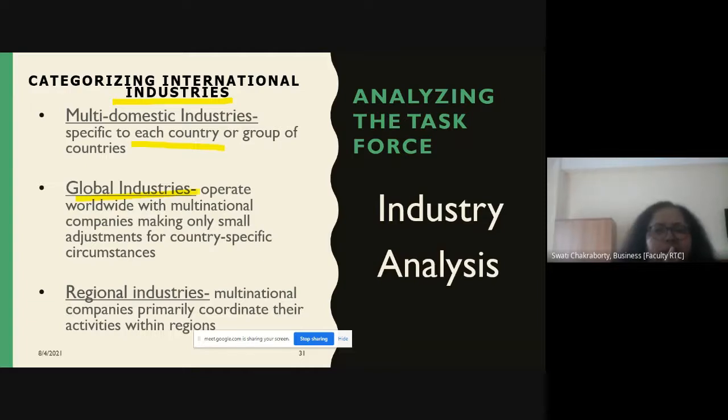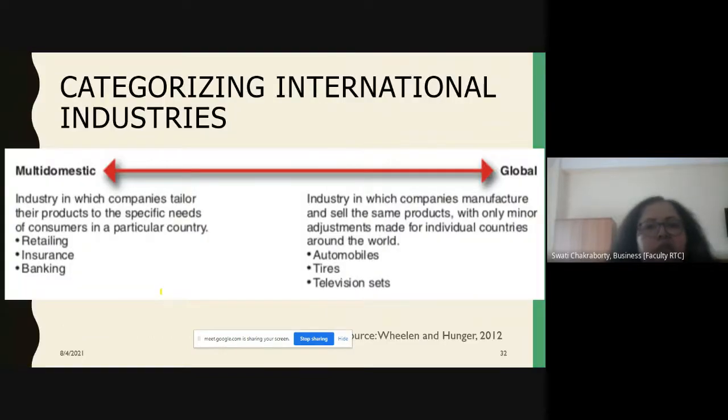It's similar products, not country specific. And regional industries are MNCs which primarily coordinate their activities within a region. So, as I said, you have multi-domestic at one end, and the other end is global, right?